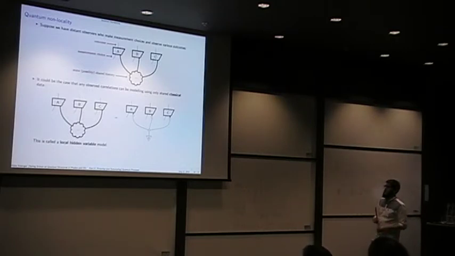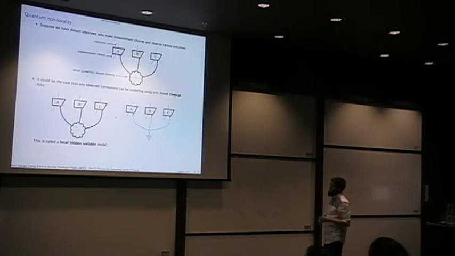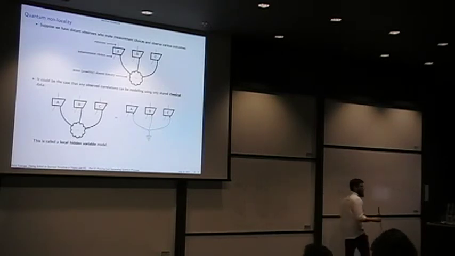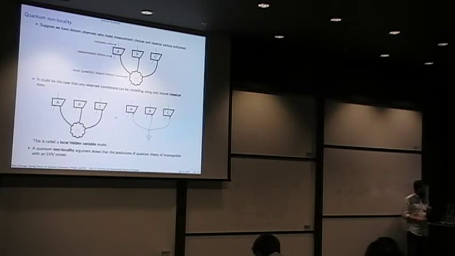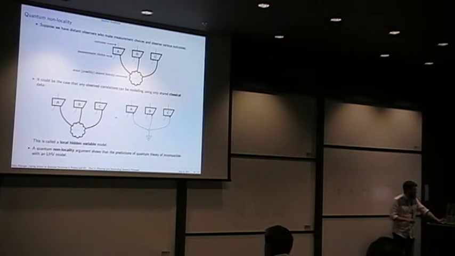It's all classical correlations. And when we have correlations like this, it means there's a local hidden variable model for the correlations seen. So a non-locality argument shows that the predictions of quantum theory are inconsistent with the local hidden variable model.